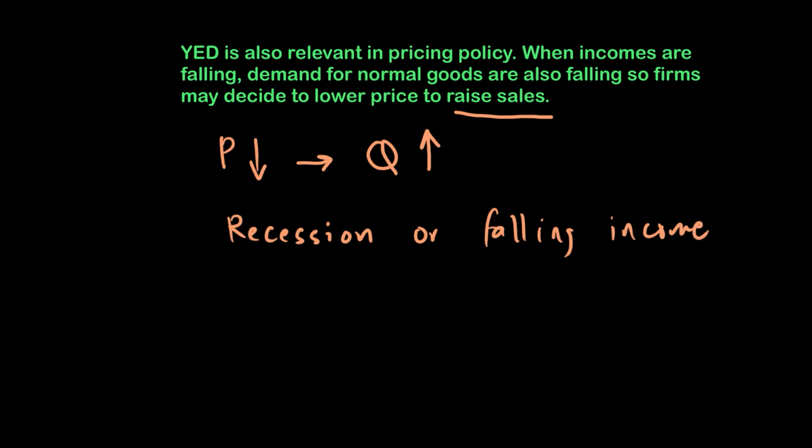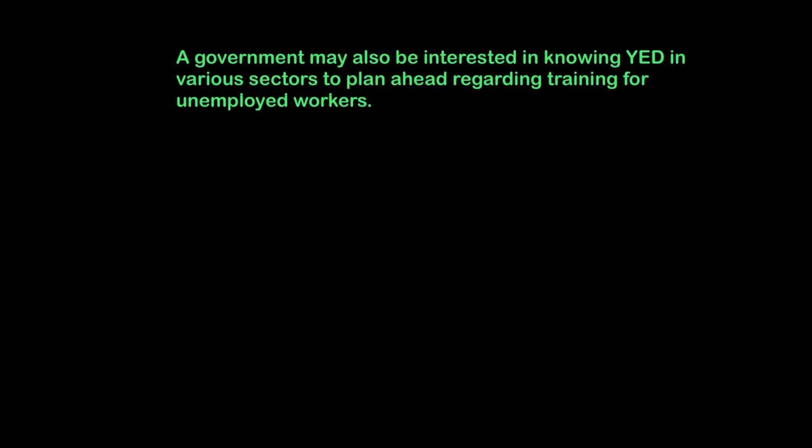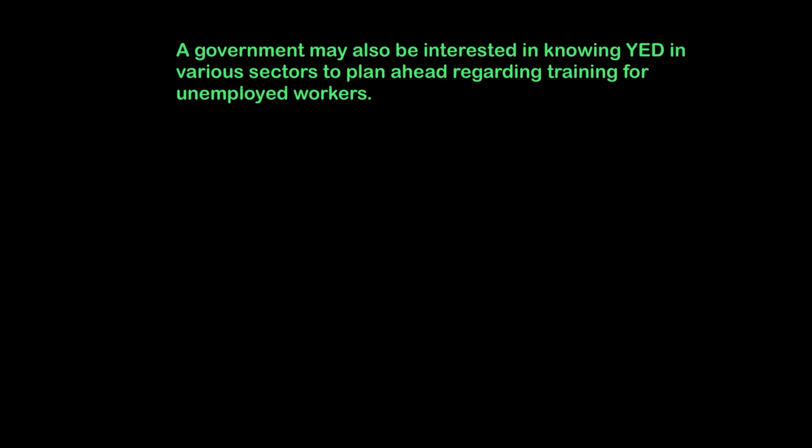Lastly, guys, government is also keen in knowing what the YD is because government is planning for various sectors in terms of employment, in terms of training, and so on. So let's say that there is a rising income taking place. So the economy is going through what we call an economic boom, and let's assume that incomes are rising in an economy.